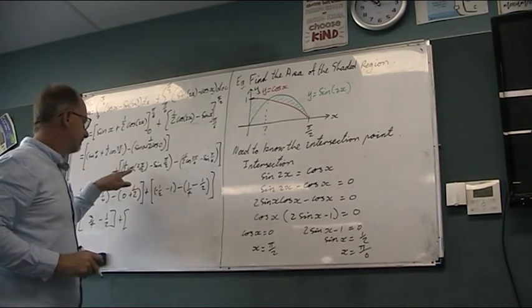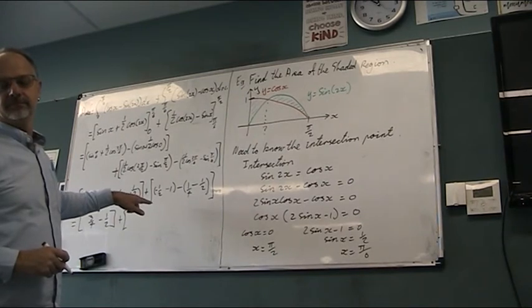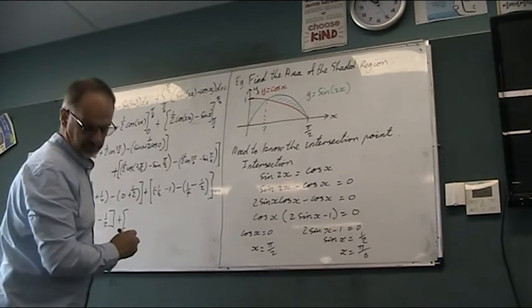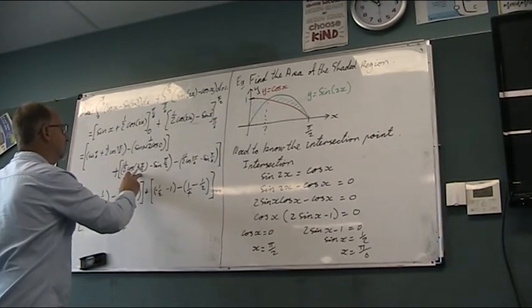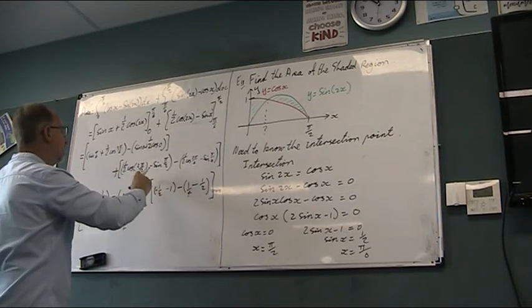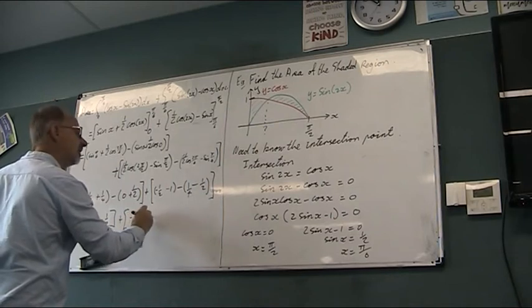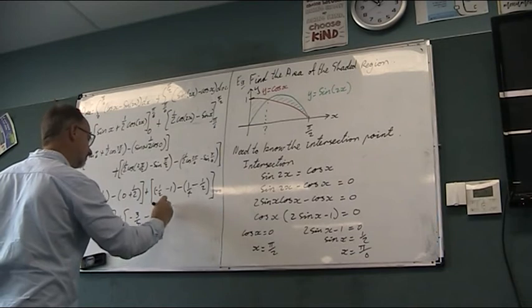Yep. Because of pi. Yep, that's all right. So, minus 3 quarters. Quarter minus a half is minus a half.